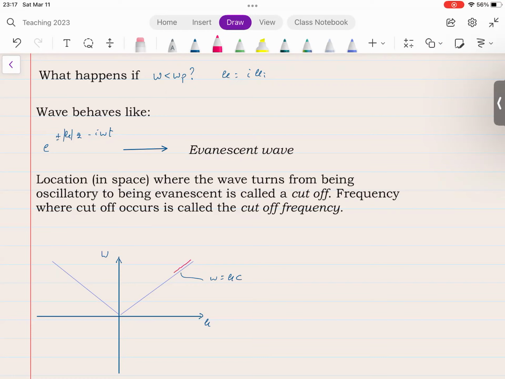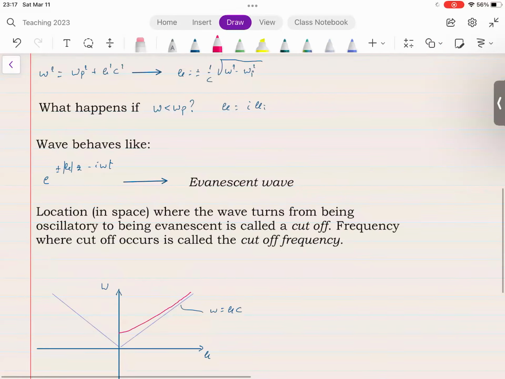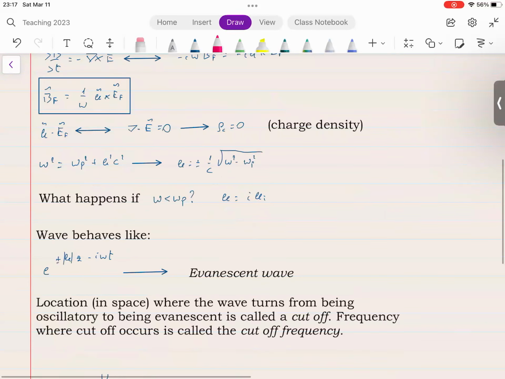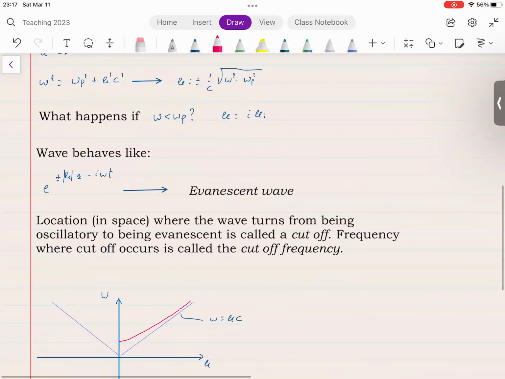And then I realize when omega gets close to omega plasma from above, k becomes smaller and smaller until it becomes 0 when omega is equal to omega plasma.